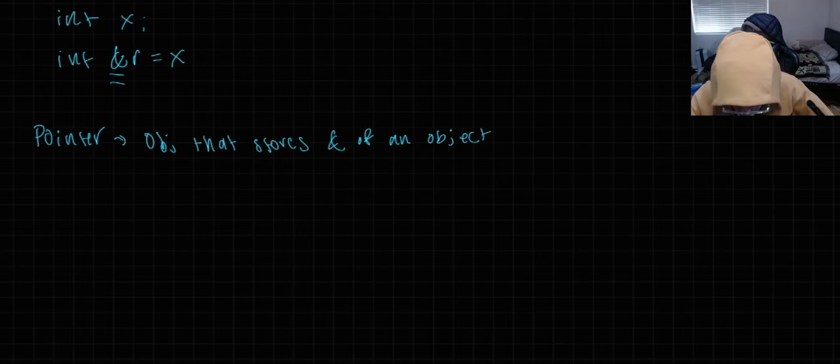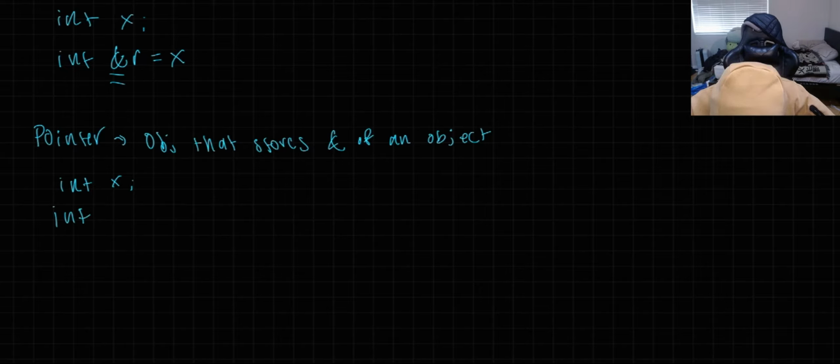And that would basically look like we have int x, and then we would have a pointer to an int, denoted by the dereference operator, call that p, and it will store the address of x.